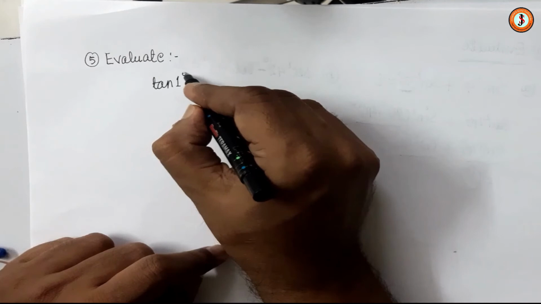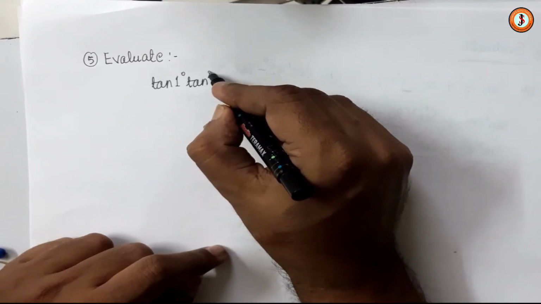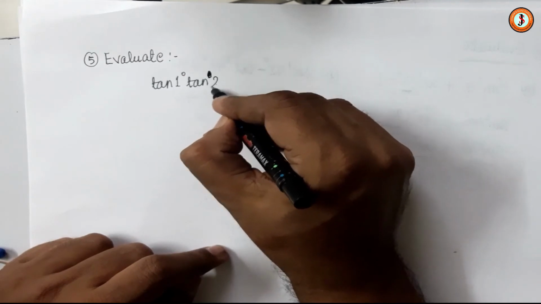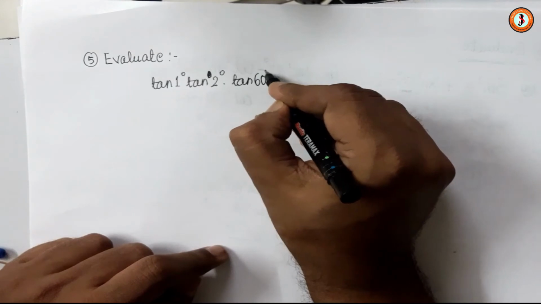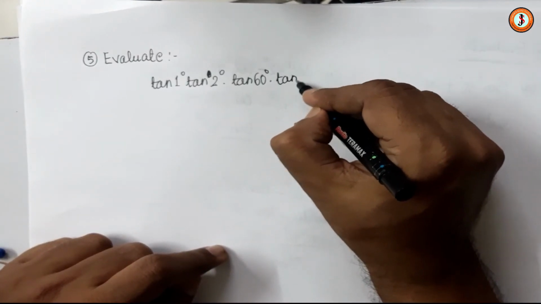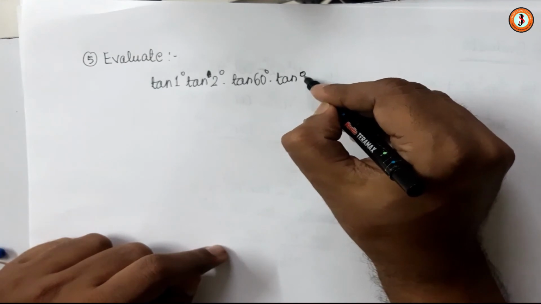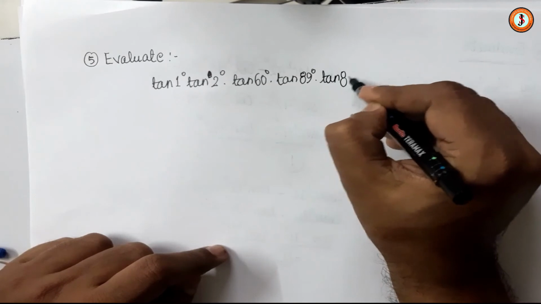tan 1 into tan 2 into tan 60 into tan 89 into tan 88.